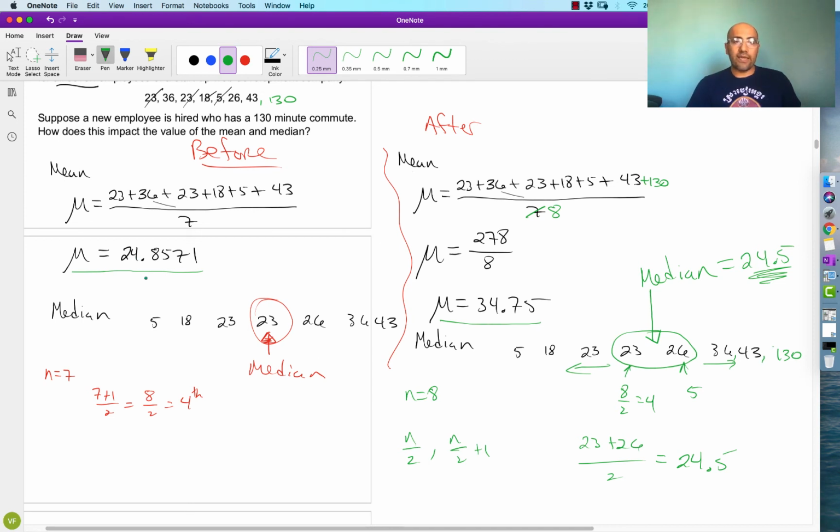Okay, so we say that the median is more resistant to uniquely large values, and also in the other direction, uniquely small values. So we call those outliers, extreme values. The extremely large, the extremely small, extreme values, we also call them outliers. The median is more resistant to change by those things.